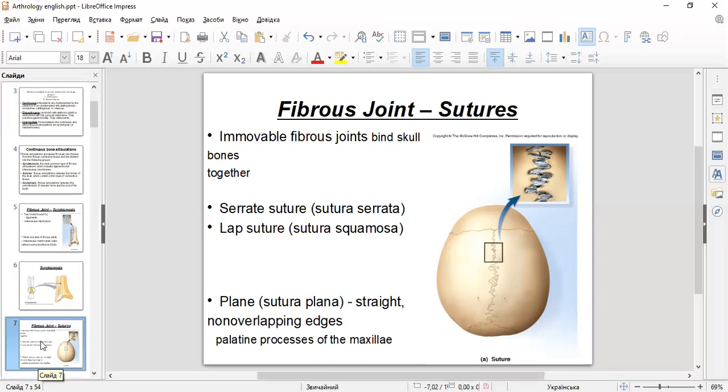Suture. Immovable fibrous joints bind skull bones together. So, all sutures subdivide into sutura serrata, sutura squamosa, and sutura plana.